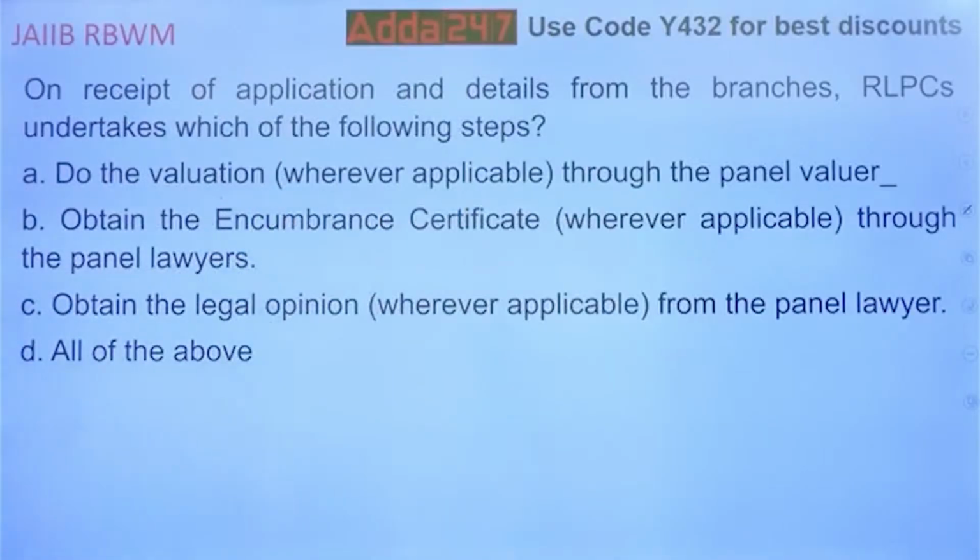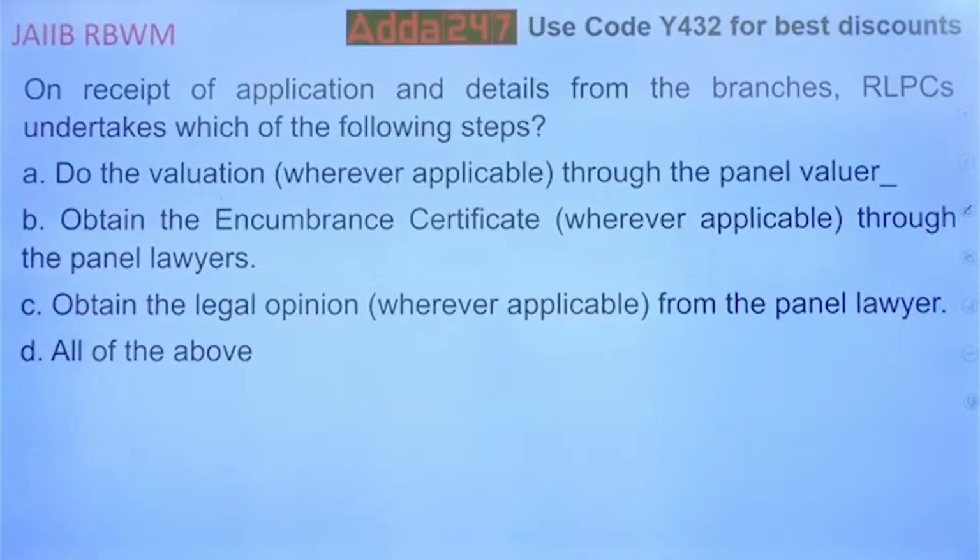You read this first. They do the valuations. Then they obtain that encumbrance certificate through lawyers. Encumbrance means we call it search and title also, search and title report. Obtain the legal opinion from panel lawyer, and all of the above.